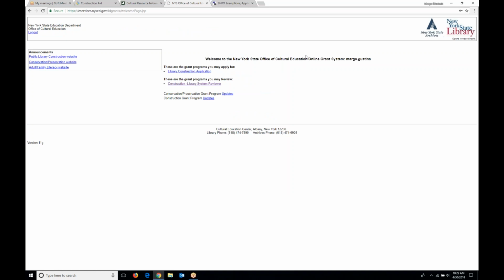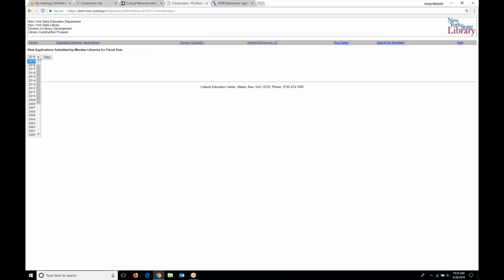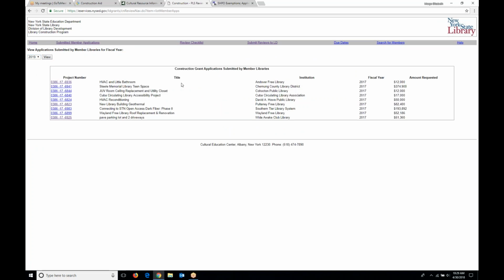So as soon as you are recommended for funding by STLS, you really need to immediately move on getting an online portal login information, or maybe even before you get approval. Let's look at an STLS application. You'll notice that we have multiple phases.